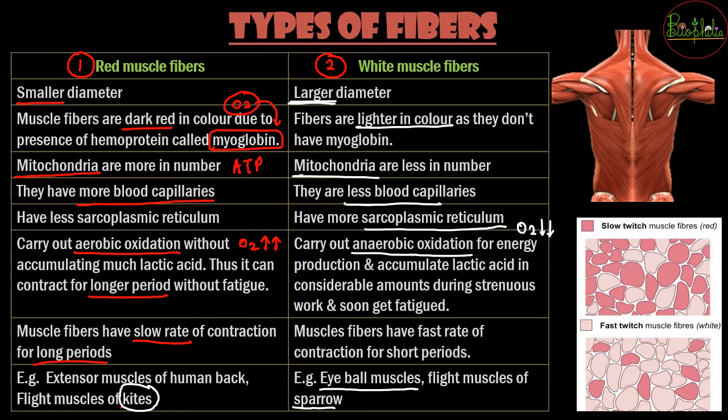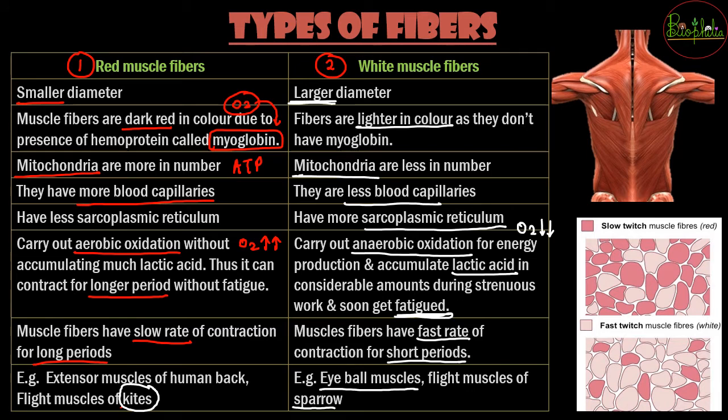There is anaerobic oxidation. That means because of anaerobic, that is lesser amount of oxygen, there is going to be accumulation of lactic acid. और lactic acid जब बहुत ज़्यादा amount में accumulate हो जाता है, the muscles are going to get fatigue. आपको पेन होना शुरू हो जाएगा, muscles थक जाएंगे, and once they are undergoing fast rate of contractions for a shorter period of time, they get fatigued easier.